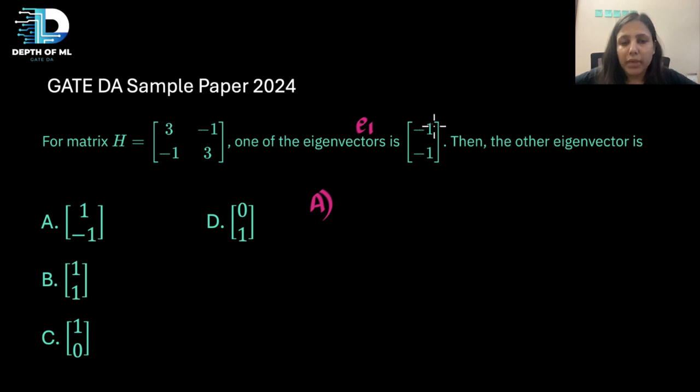So I'll take the dot product of the A option with E1. This is -1 into 1 is -1, and -1 into -1 is +1, right? -1 + 1 is equal to 0.